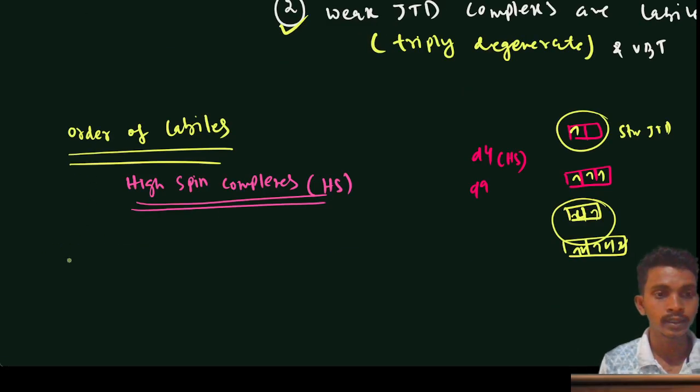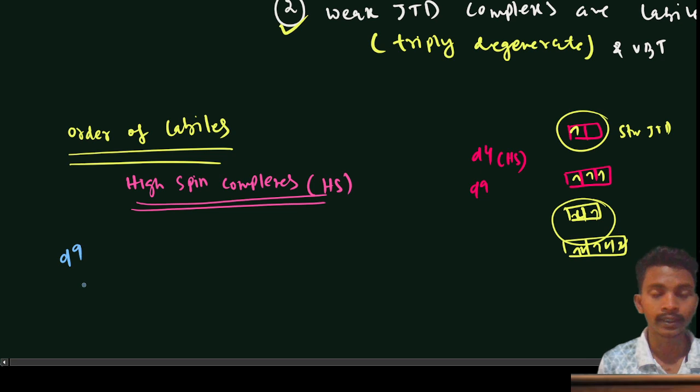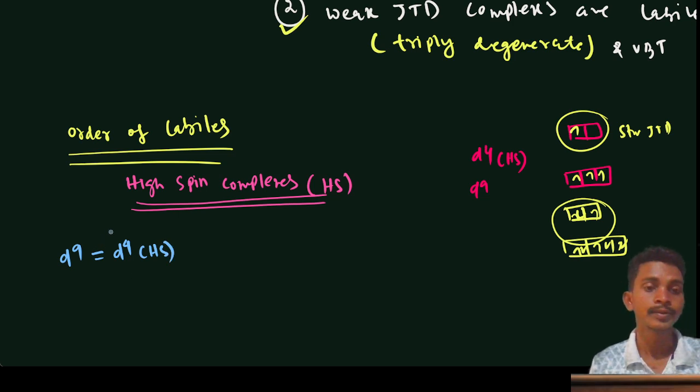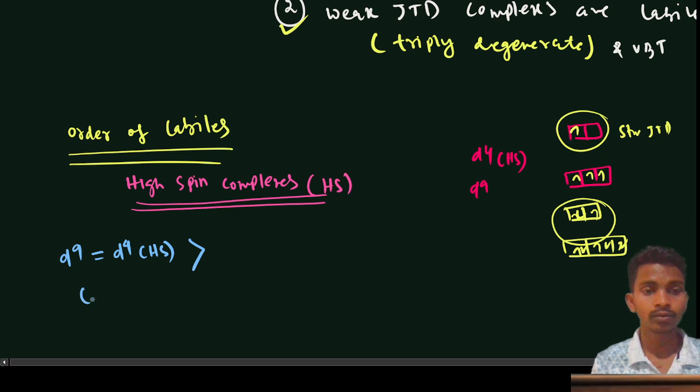So here we write that first one is D9 and D4. They are equally same, D9 and D4 high spins. Both have strong JTDs, so they are highly labile.